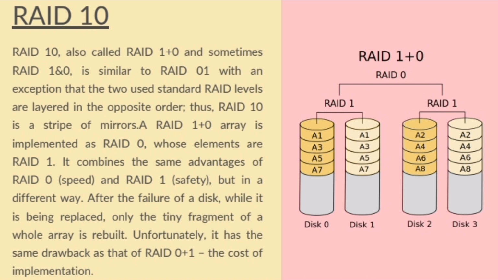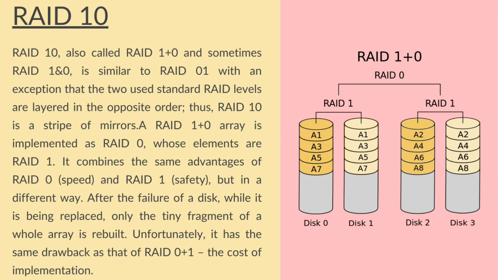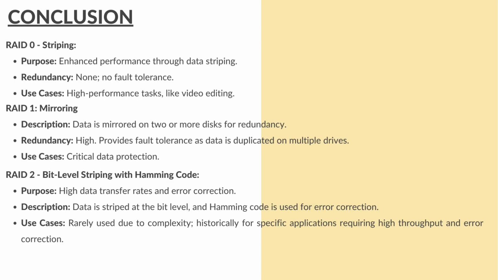It combines the same advantages of RAID 0, which is speed, and RAID 1, safety, but in a different way. After the failure of a disk, while it is being replaced, only a tiny fragment of the whole array is rebuilt. Unfortunately, it has the same drawback as RAID 01, the cost of implementation.